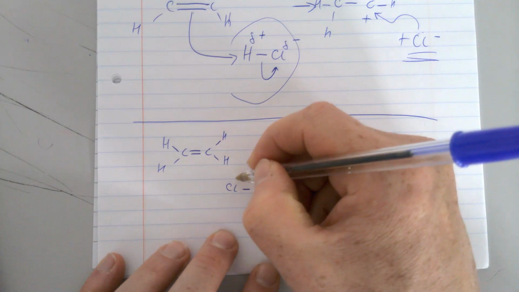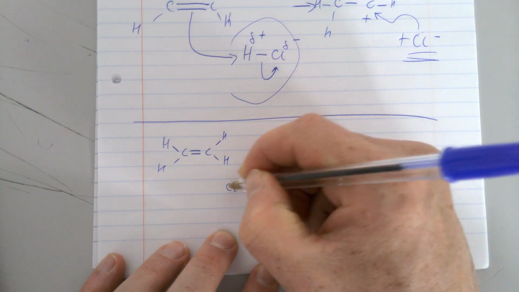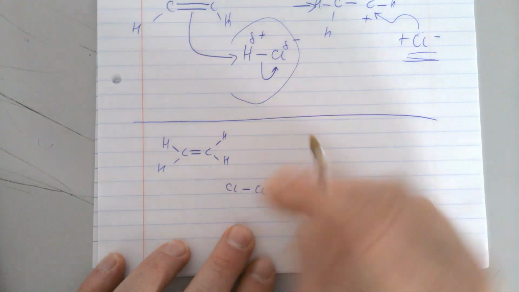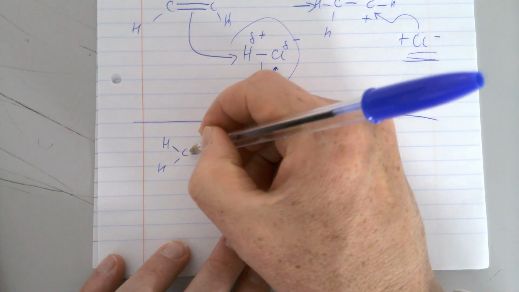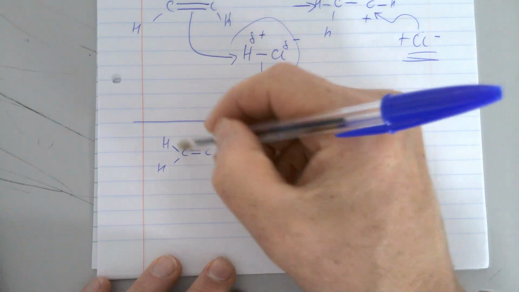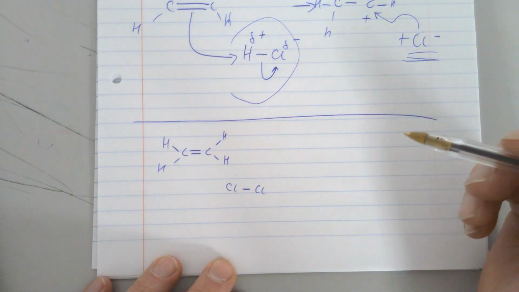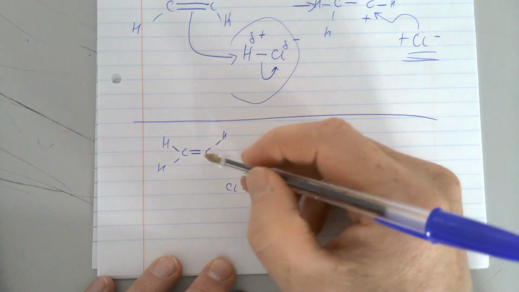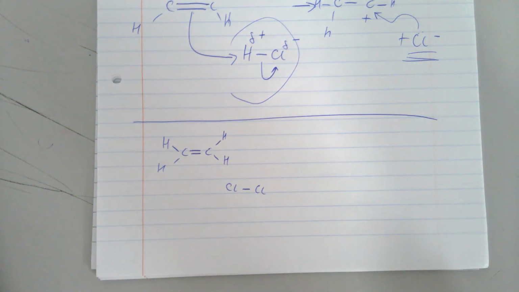In that situation we've got a non-polar molecule, but this double bond is a sigma bond and a pi bond. The pi bond is a pair of electrons that's spread out above and below the line, if you like, between the two carbons, and it's full of electron density.